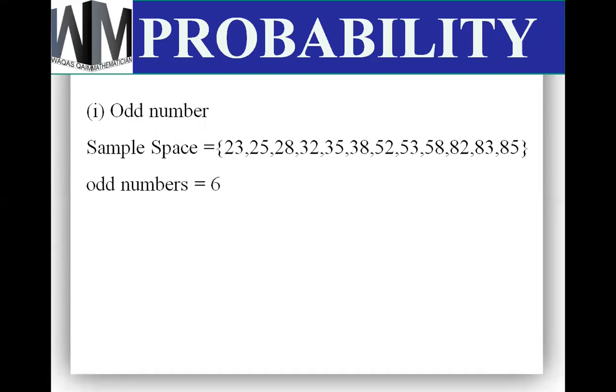All right, 6 odd numbers. So the probability will be 6/12, and that will be reduced as 1/2. Right? Any confusion with this one?